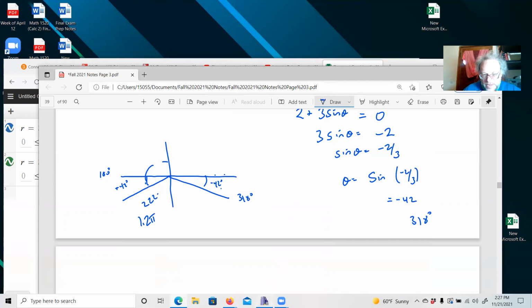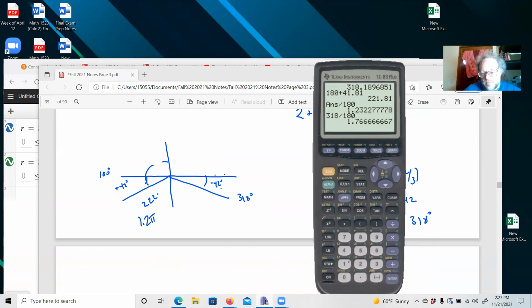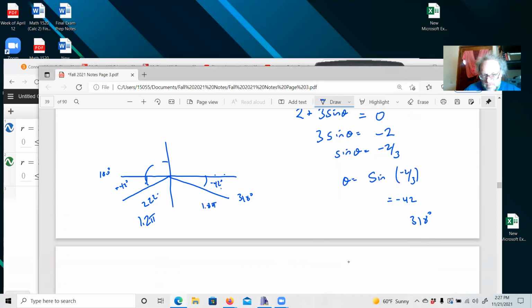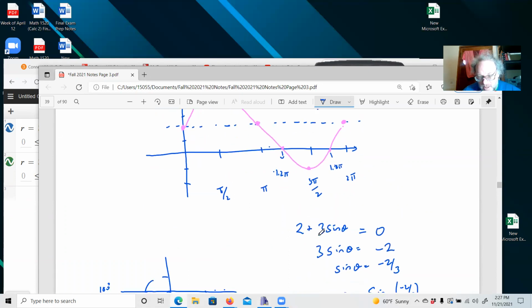And then 318 divided by 180, this is about 1.8 pi. So this is 1.2 pi and this is 1.8 pi, just so we have an idea.